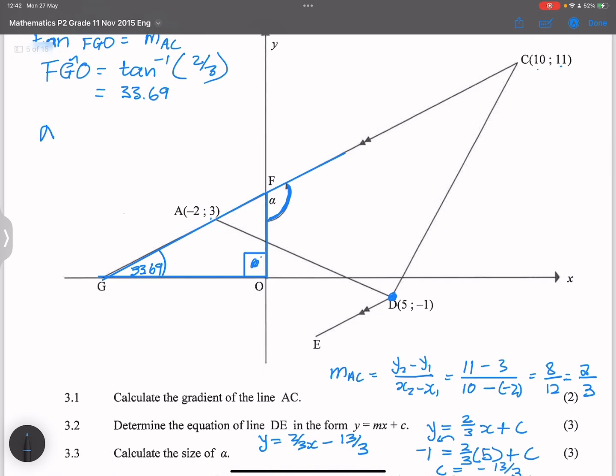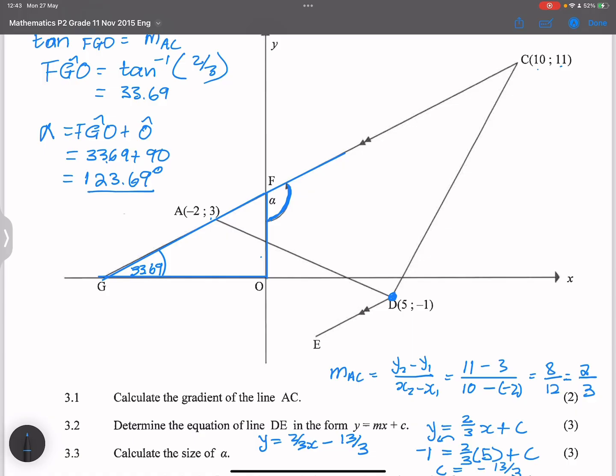And so what it means is that angle alpha will be equal to, we said alpha is angle FGO plus angle O, which is in this case the intersection of our axes. So that is going to be 33.69 plus 90. In this case, this will give us 123.69 degrees.